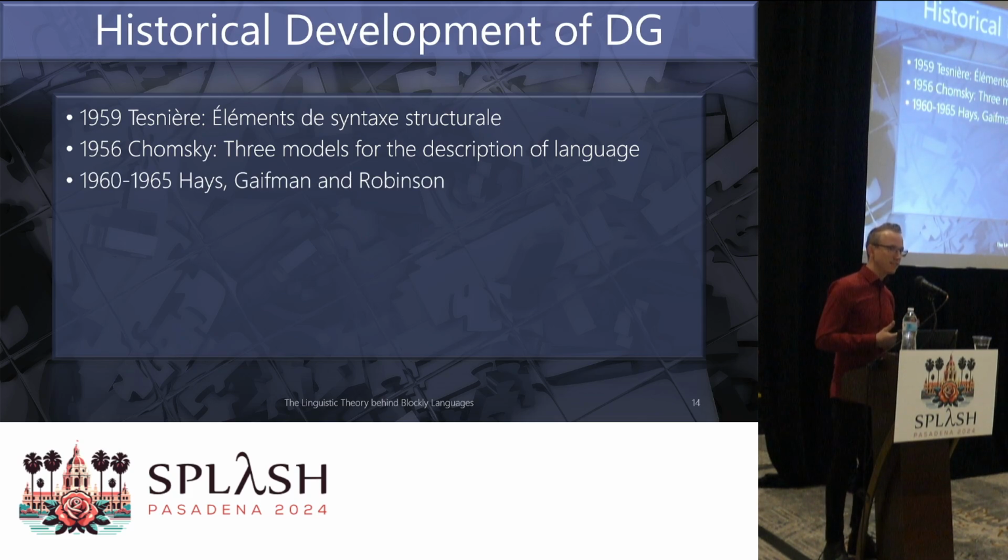And what's nice is that they were not only the first to formalize dependency grammar, but to also show that their formalism is actually weakly equivalent to context-free phrase structure grammar by Chomsky. And what weakly here means is that if you have a dependency grammar, you always have a natural corresponding context-free phrase structure grammar where your syntax trees also look the same.